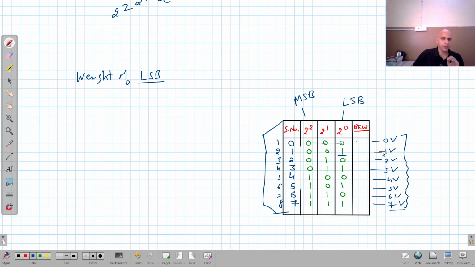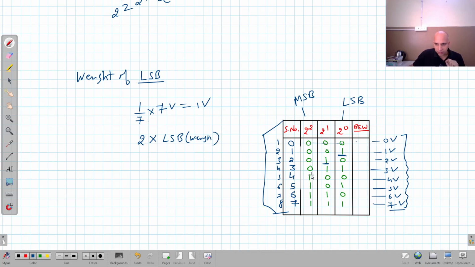So I can write it as 1 upon 7 into 7 volt, that is 1 volt. Similarly, if 1 is appearing at this position, it is equal to 2 volt. So I can write that this is 2 times the value of the LSB weight, right?